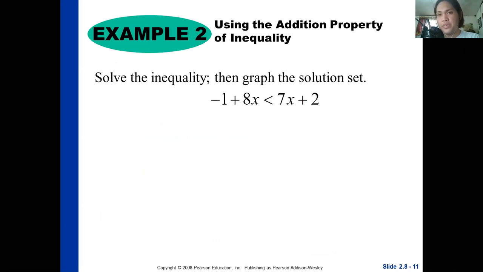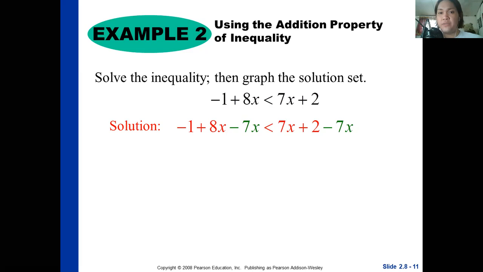So how do we do this one? First, as you can see, we subtract -7x from both sides of the inequality. So you have -1 plus 8x minus 7x less than 7x plus 2 minus 7x.